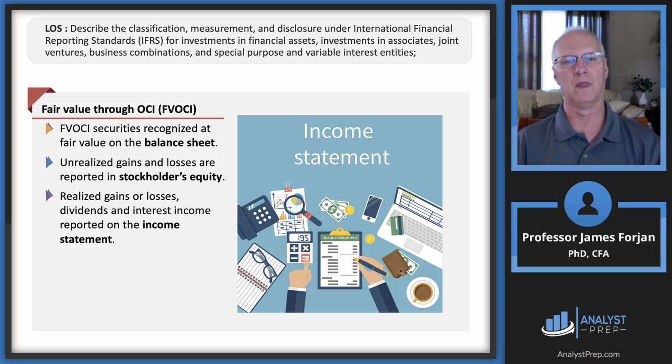So that goes on the balance sheet. And what we do is we throw those unrealized gains and losses over into the bottom right half of the balance sheet under stockholders' equity. And then, of course, we have realized gains and losses, and then any kind of income that we get, that's reported over on the income statement.